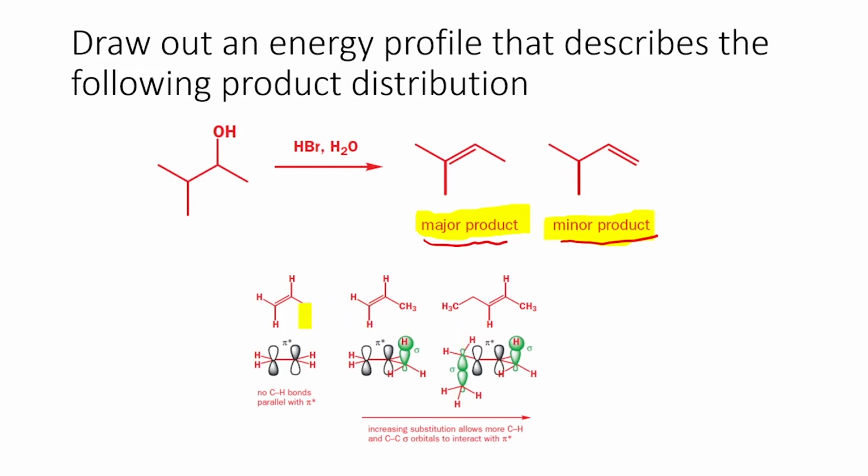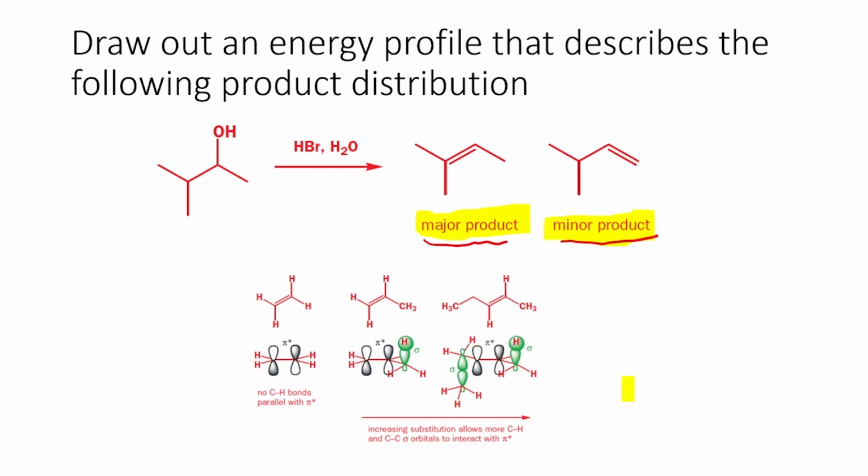Now, what we know from our previous courses is that as you increase the substitution on the olefin, then looking at the favorable interaction that we have between the olefin and the carbon-carbon bond as shown here, the interaction between the CC sigma orbitals and the pi star orbital, that stabilizes the olefin, and therefore the more substituted olefin is more stable.